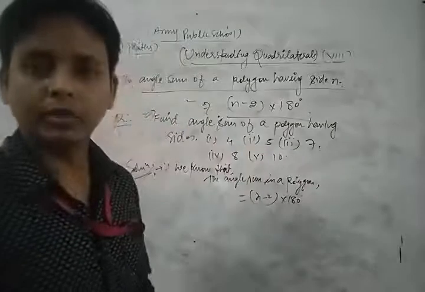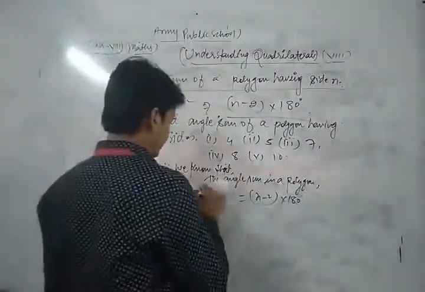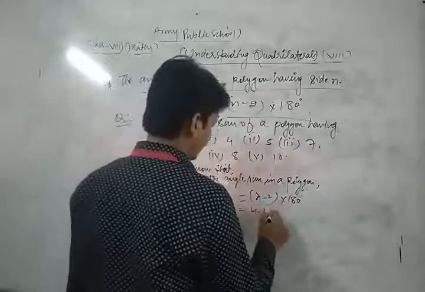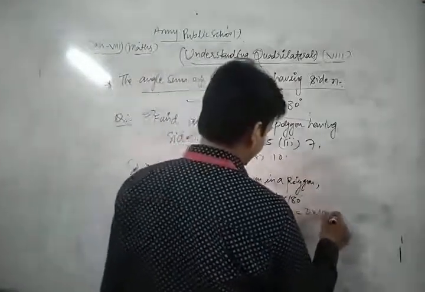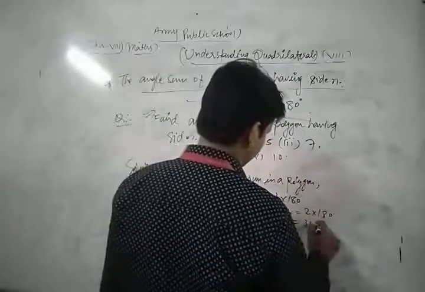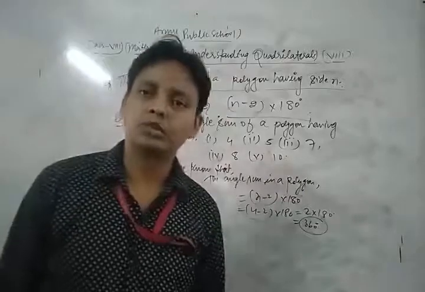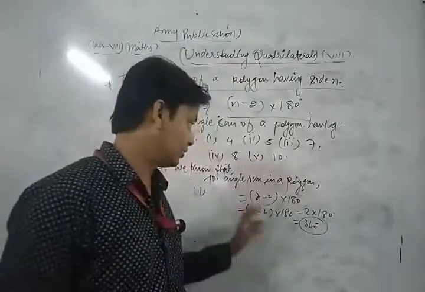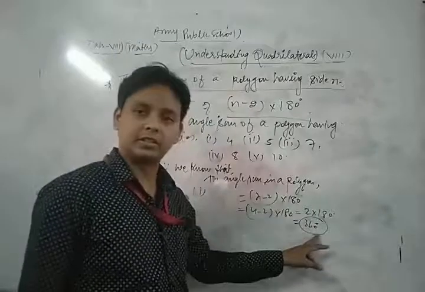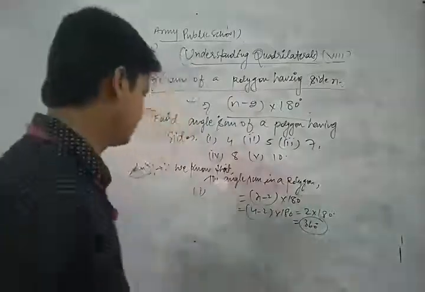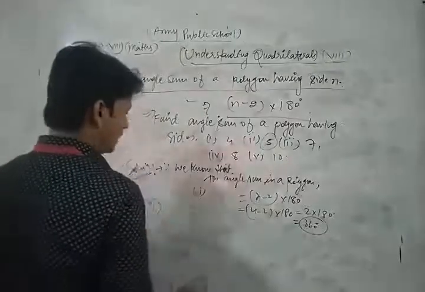Now we put the value of n. Taking the first part, 4 minus 2 into 180, that is 2 into 180, that is 360. A polygon having 4 sides is known as a quadrilateral, so the sum of all interior angles of a quadrilateral is 360. Clear?